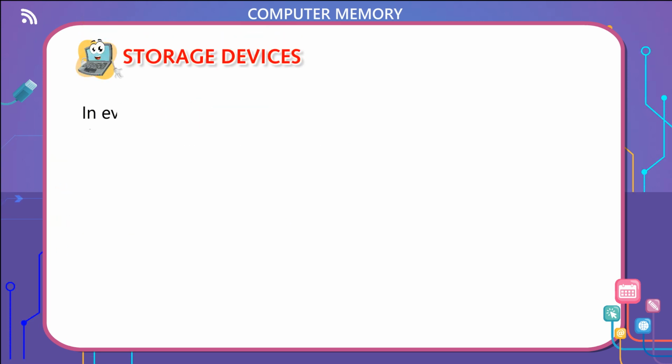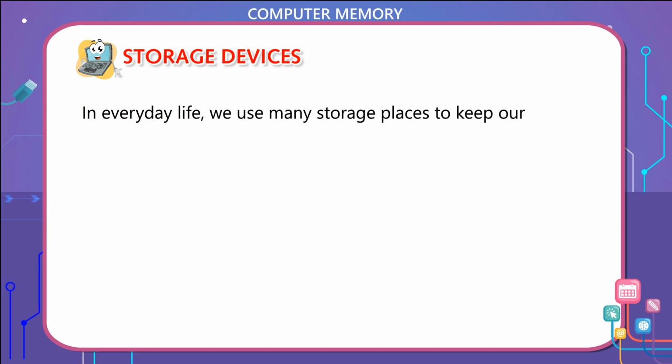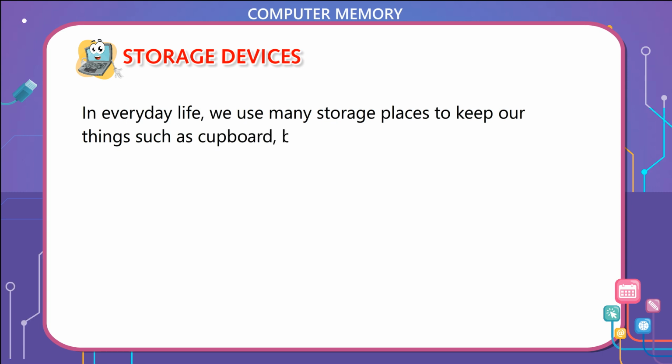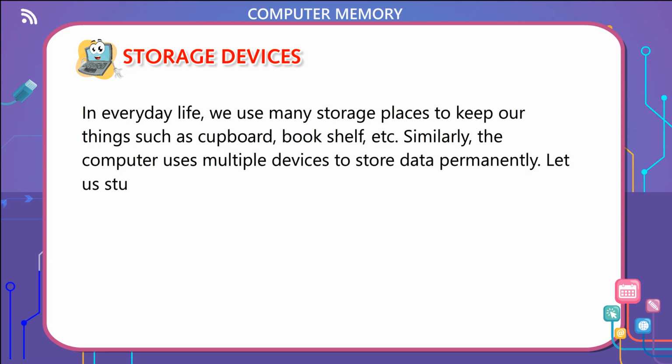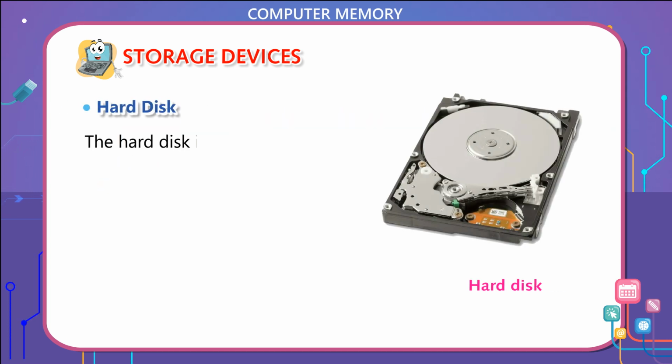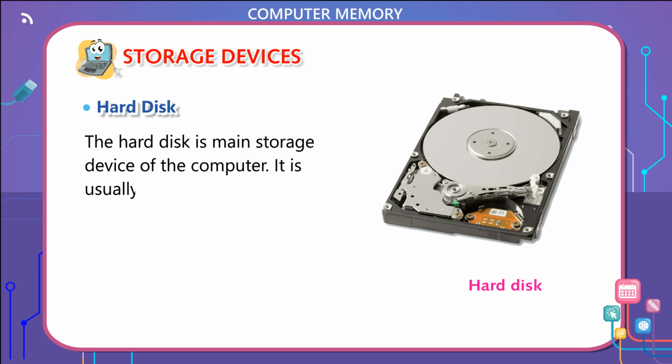Storage devices. In everyday life, we use many storage places to keep our things such as cupboard, bookshelf, etc. Similarly, the computer uses multiple devices to store data permanently. Let us study about some of them. Hard disk. The hard disk is the main storage device of the computer. It is usually fixed inside the CPU cabinet.